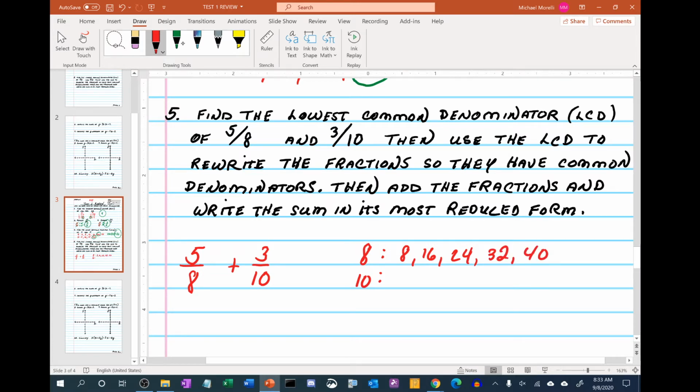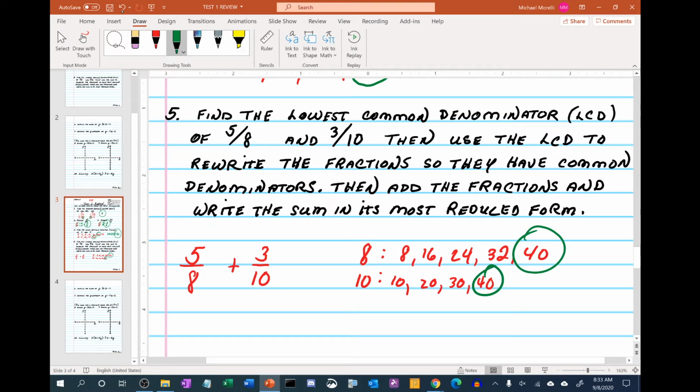You can do the same thing with 10: 10, 20, 30, 40. So my lowest common denominator is really the LCM, the least common multiple, of 8 and 10. The lowest common denominator is really the least common multiple of both denominators.